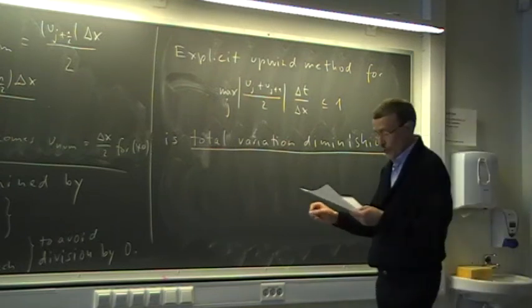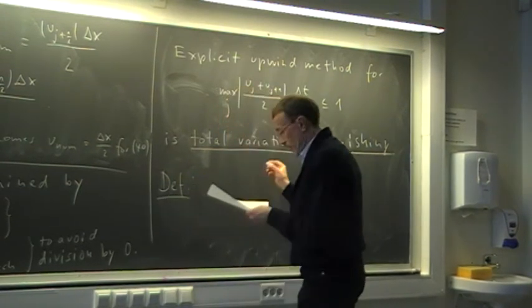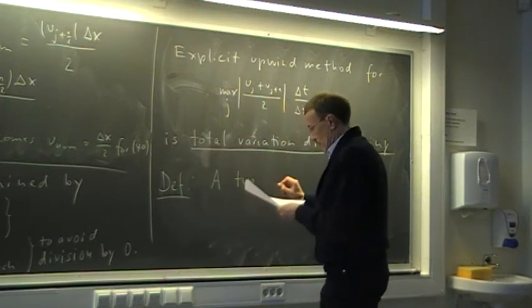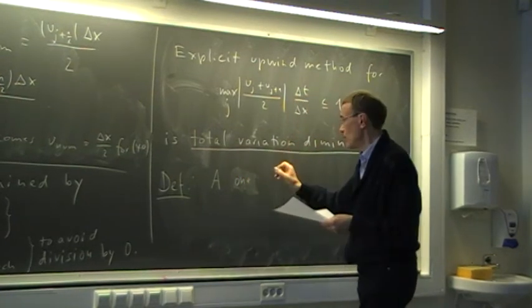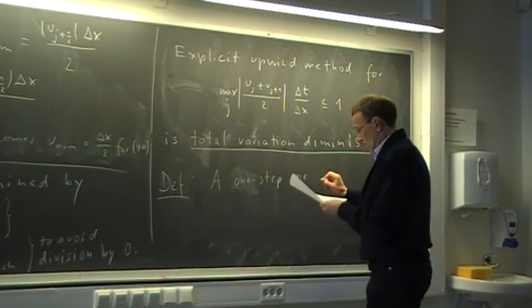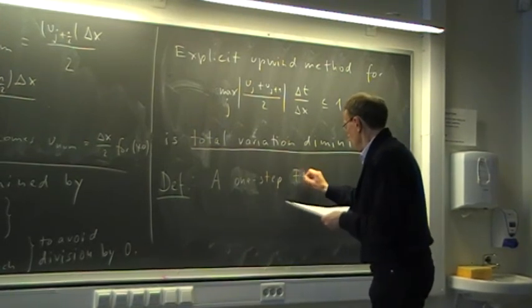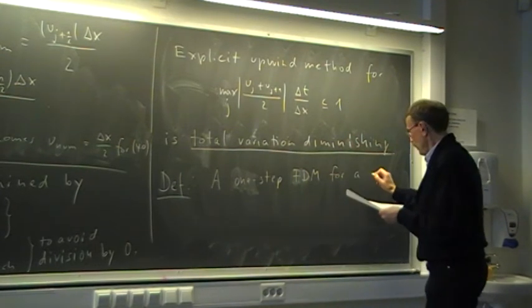And to be able to understand that, we have to define what it means. So we look here at just one step. We look at the one-step method from n to n plus 1, a finite difference method for a conservation law.